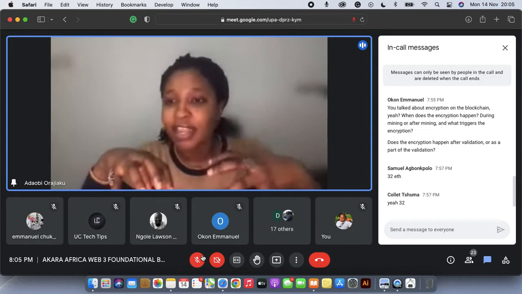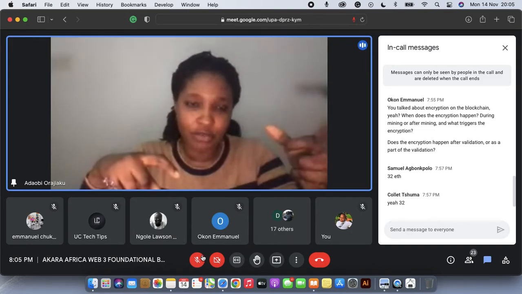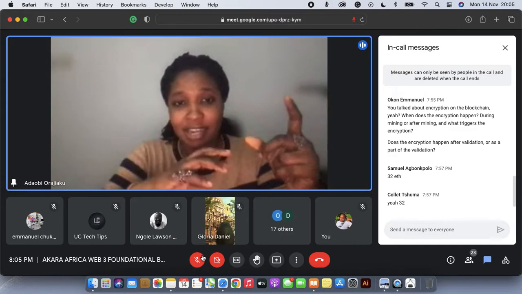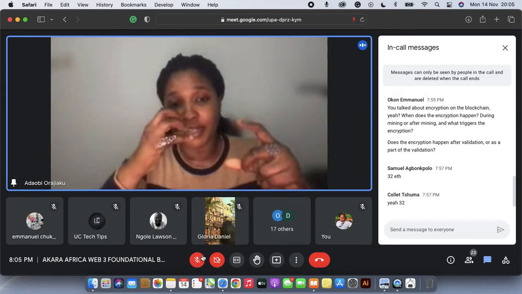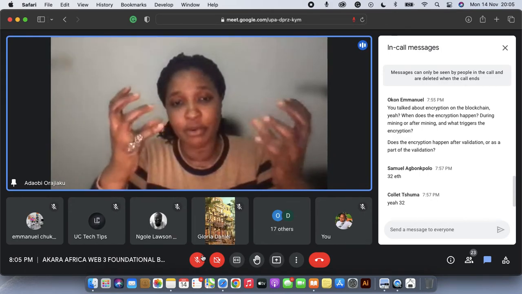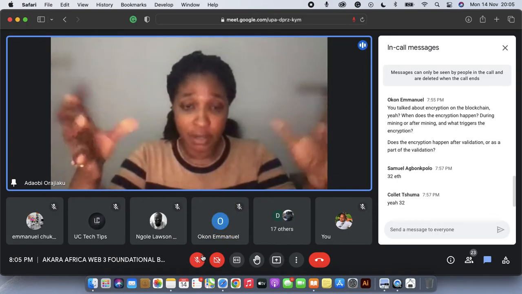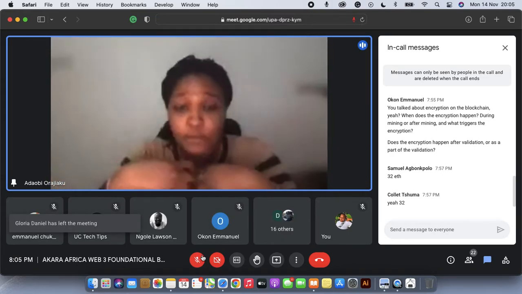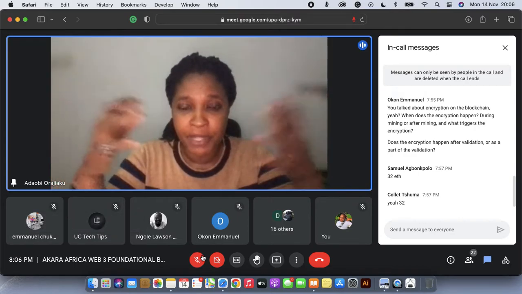As they are adding it to the blockchain, there's also encryption being done. If you are interacting with a smart contract, for example, you are signing a transaction, they have decrypted it, say, oh, it's going to this smart contract. The smart contract will decrypt it, maybe encrypt it again and do something different, depending on what the smart contract is actually doing.